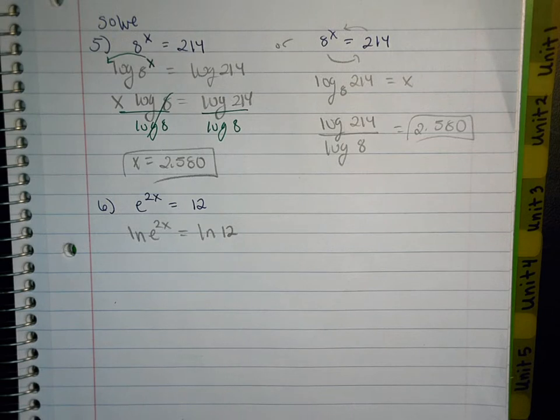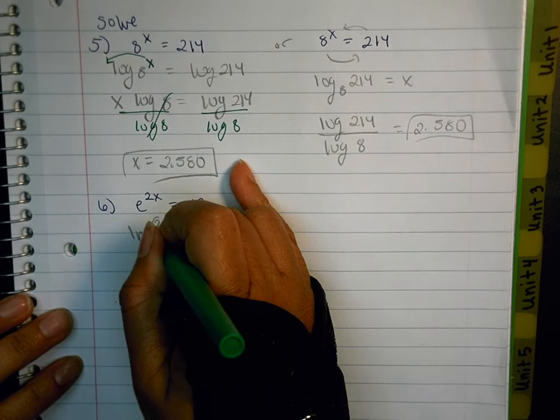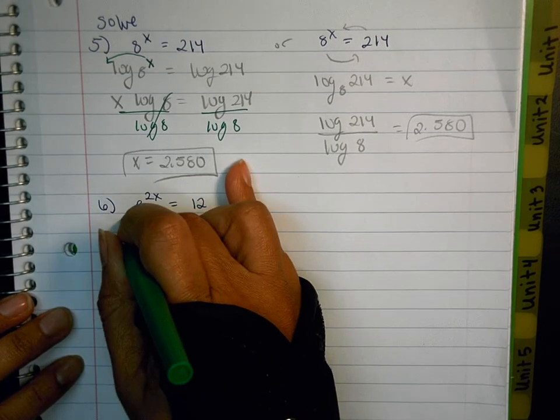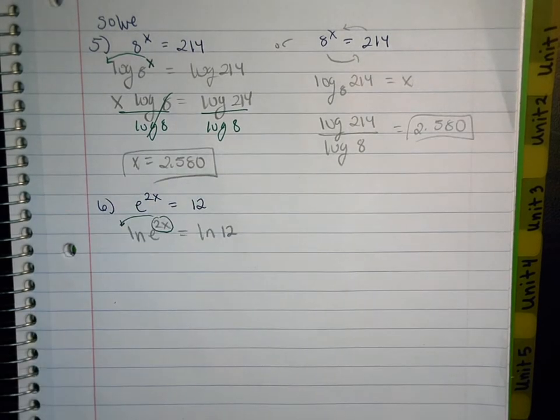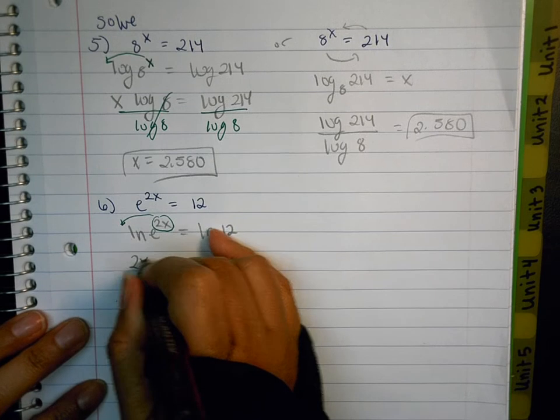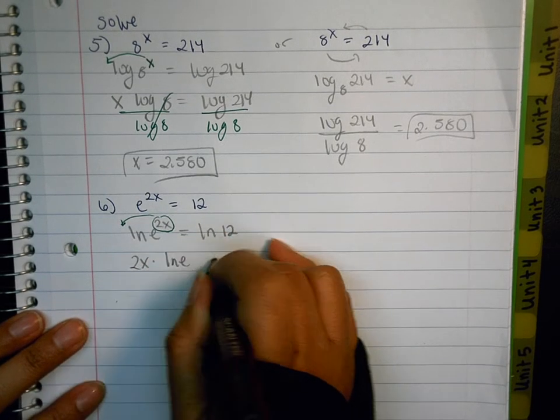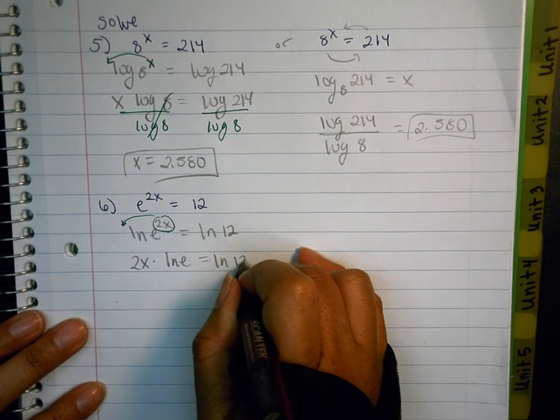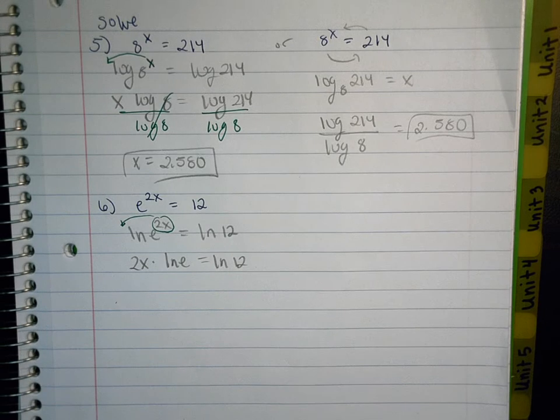Okay, now I do this to bring the 2x down as a coefficient. Okay, now right here, what does ln of e equal?